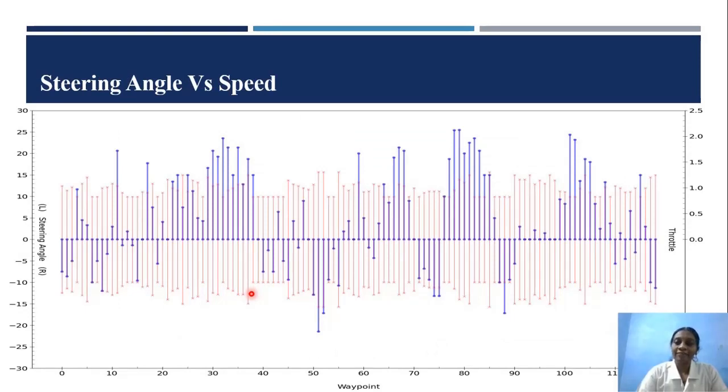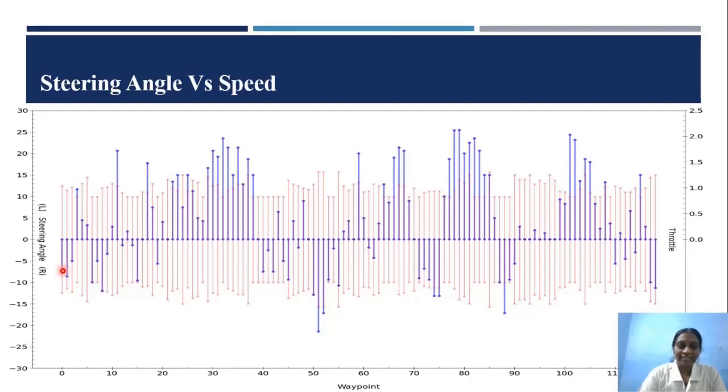Another graph which we plot during the log analysis is a graph between steering angle versus speed. Waypoints have been marked on the x-axis, and the steering angle and the speed have been plotted on the y-axis. See here, at the first waypoint, the steering angle is in a negative degree and the speed is at the minimum.